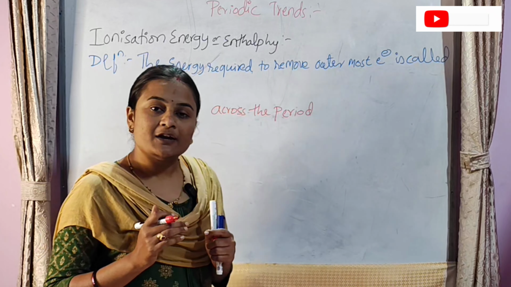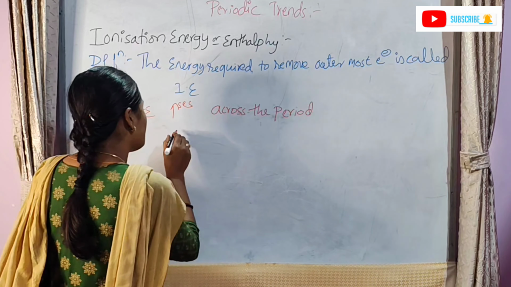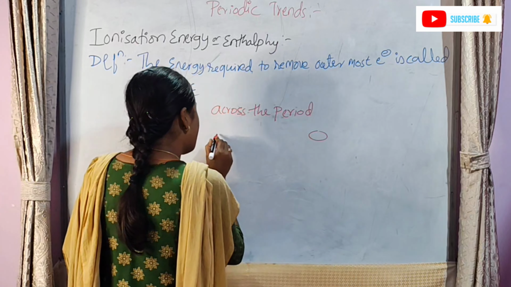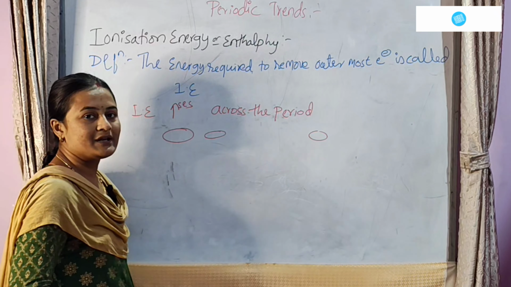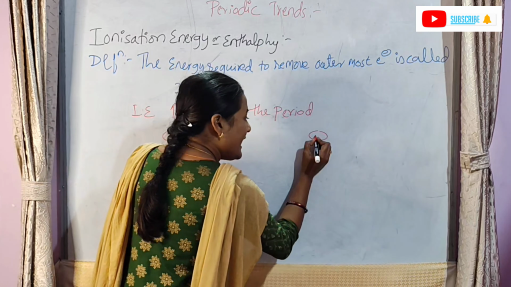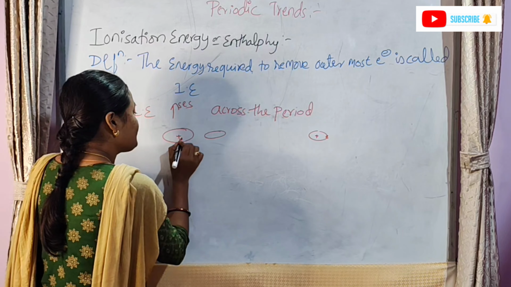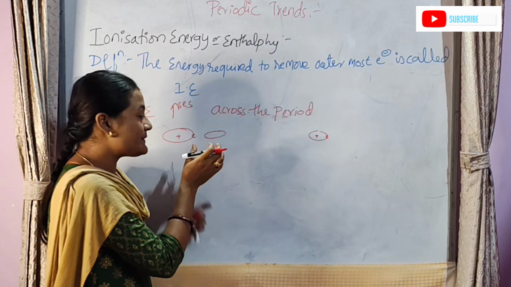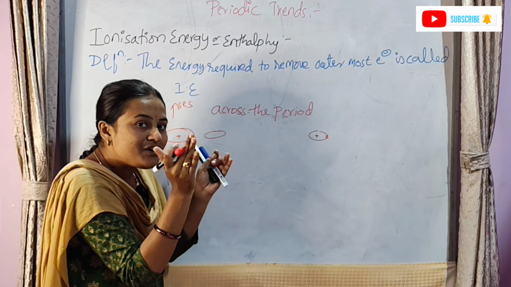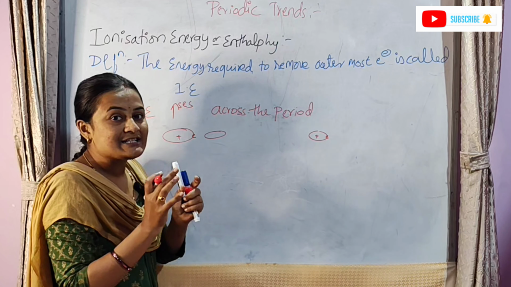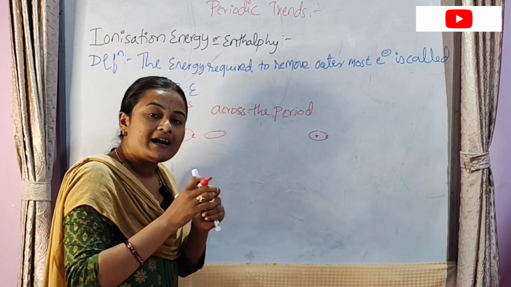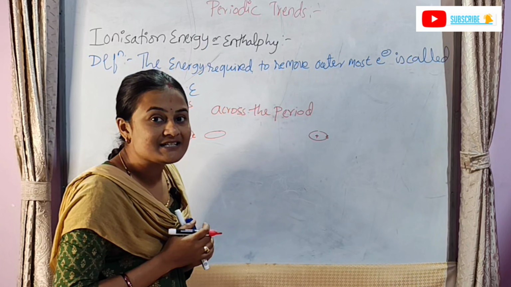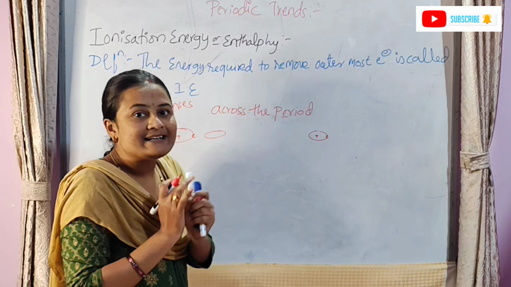See here, we know that the atomic radii decrease as you move left to right in the periodic table. If the atomic radii decrease, then the distance between the proton and the electron present at the valence shell decreases. The attraction between the nucleus, that is the proton, and the valence shell electron increases as the size decreases.